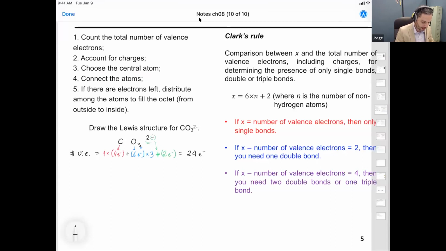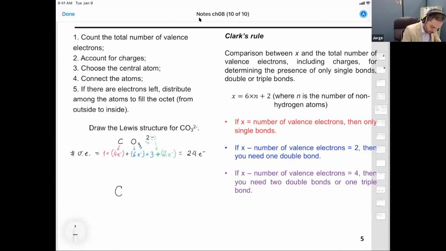So the next step is to choose the central atom. Here, there is no mystery. We have carbon as our central atom. It is the largest element between carbon and oxygen, and also the element that you have the lowest amount of in the compound.